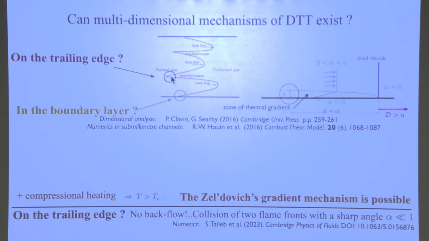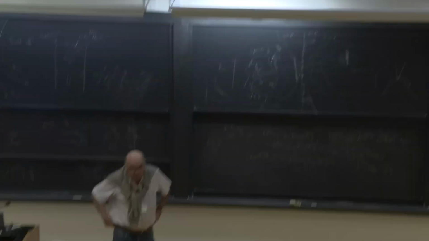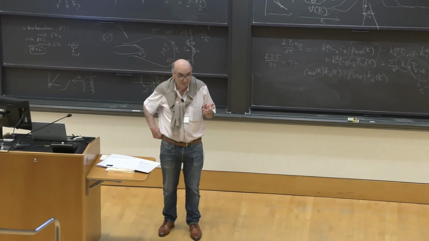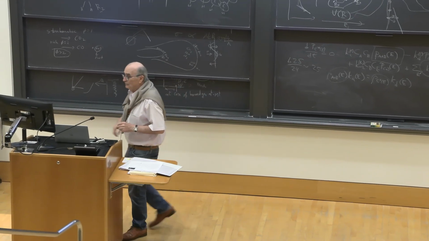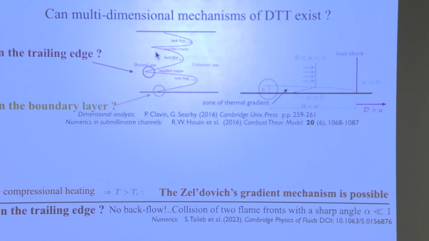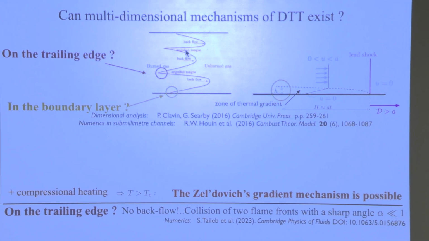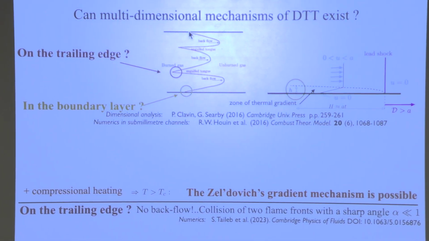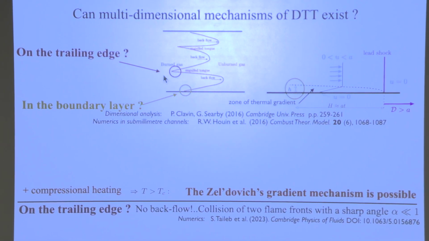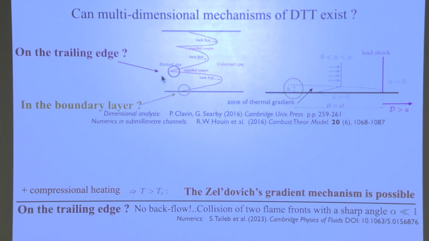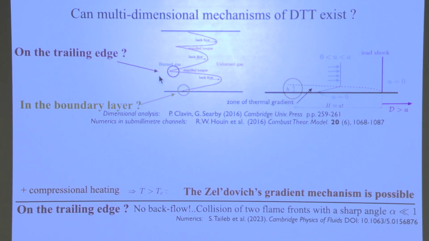And now, what about the trailing edge? Here at the trailing edge, there is no backflow, because the backflow is generated by the flame, and here you cannot have backflow because you do not have flame behind.